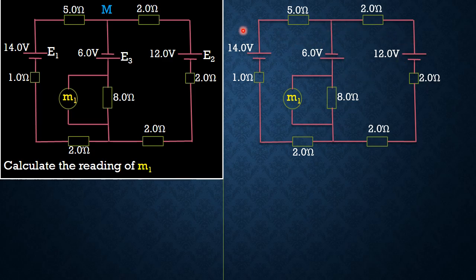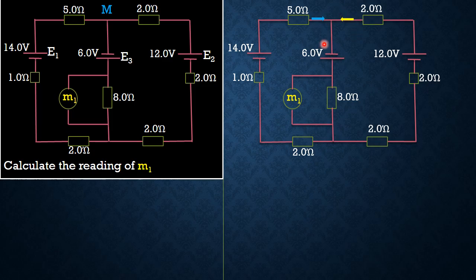In this case, since the 14.0 volts is the largest, it has to be delivering current. That is, the current has to be moving out of the 14 volts. Since the 12.0 volts is bigger than the 6.0 volts, it also has to be sending away current, so the current has to be leaving it. It has to be a source which delivers current. Great. So that's what we have.